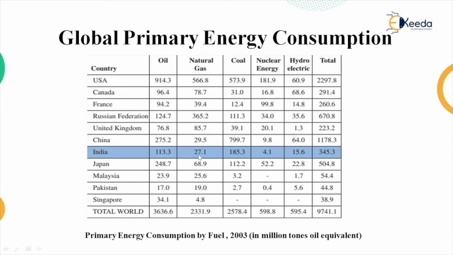Then natural gas consumed by India is 27.1. Then coal 185.3, then nuclear energy 4.1, hydroelectric 15.6, total 345.3. So India was lagging in energy consumption. One million ton is equal to 41.86 gigajoule.